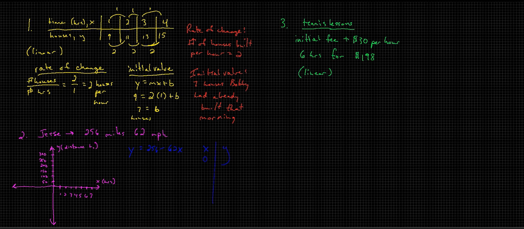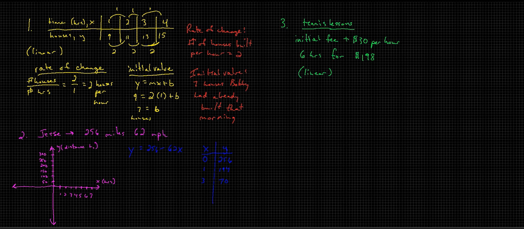So y, when x is 0, y equals 256. When x is 1, we have 256 minus 62, which is 194. At 3, we have 256 minus 62 times 3, which is going to leave us with 70.